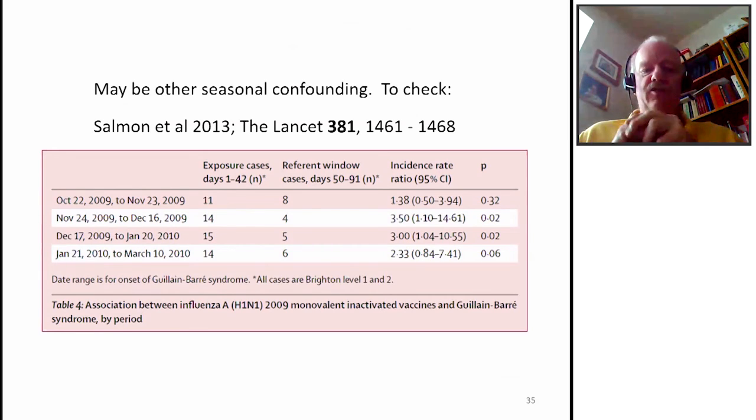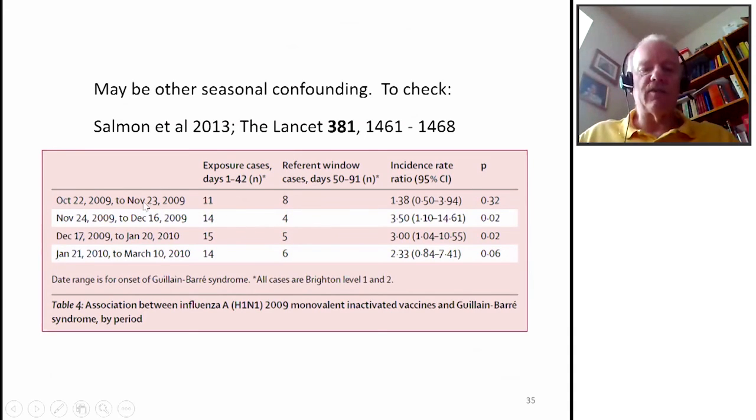And so maybe it's just that they're getting the vaccine in a certain season, the flu season, and so maybe there are other things going on at that same time. So what we did was we stratified by when they got their vaccination, and we looked at different months to see if there was a difference over these different time periods, in terms of the higher proportion in the first 42 days versus the last 42 days.